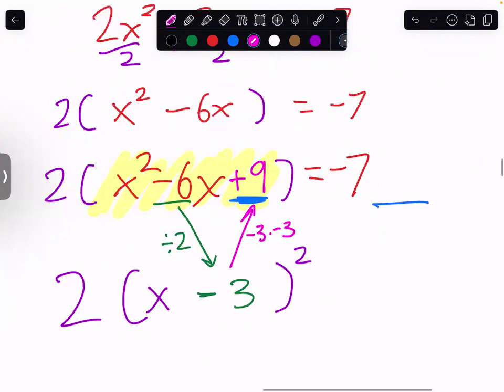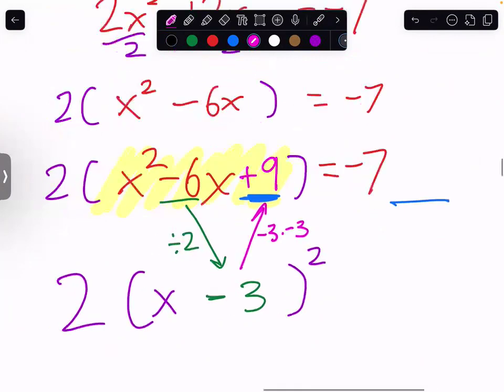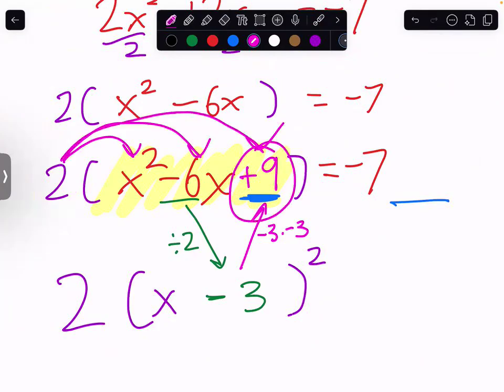Yeah, so the reason is, remember, anything that touches parentheses gets distributed out. So even though it looks like a plus 9, it's actually worth 2 times that. The blank plus 9 is getting multiplied by the 2.